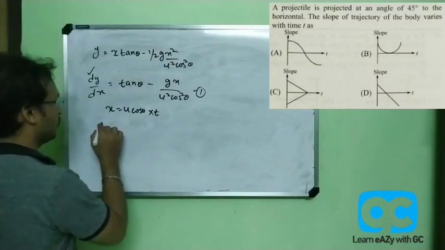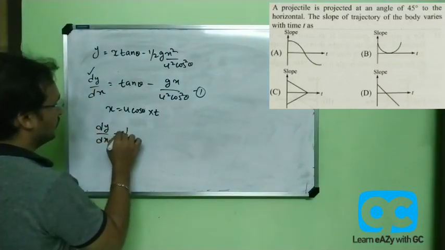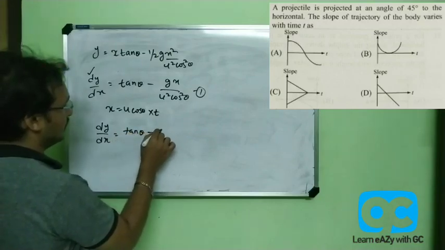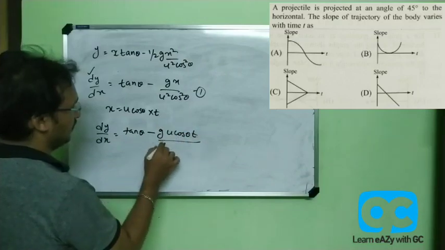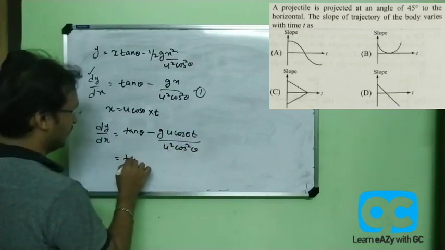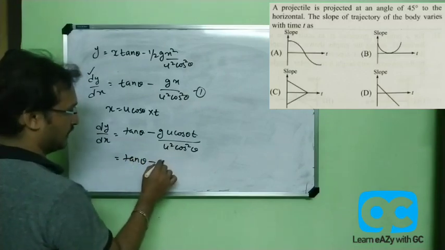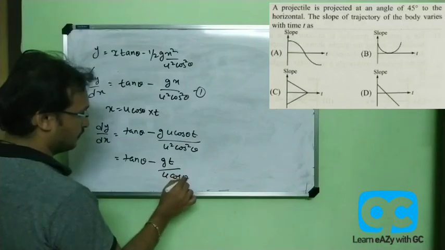So substituting, you will get dy by dx equal to tan theta minus g into u cos theta into t by u square cos square theta. That is tan theta minus g t by u cos theta, as one u cos theta will cancel.